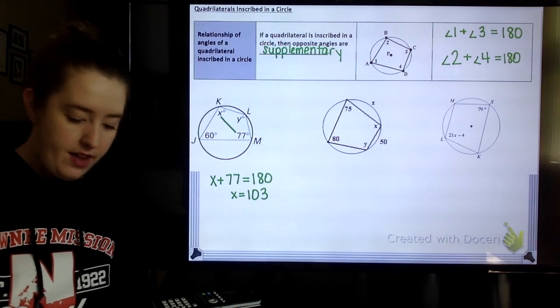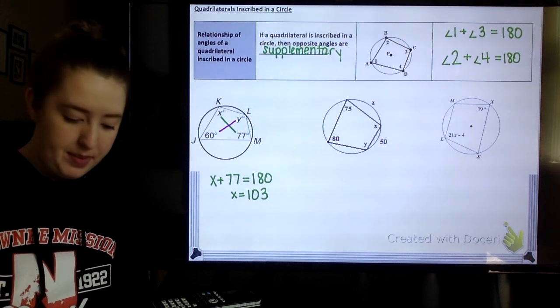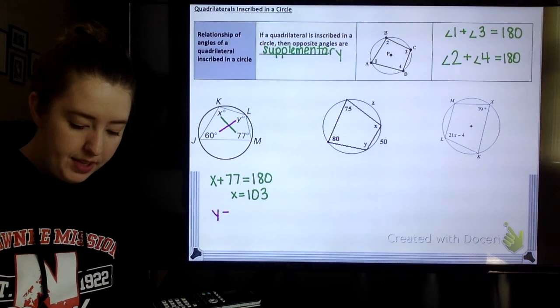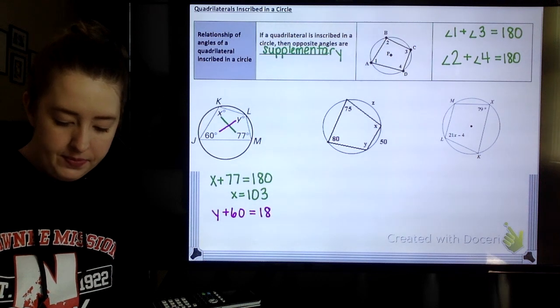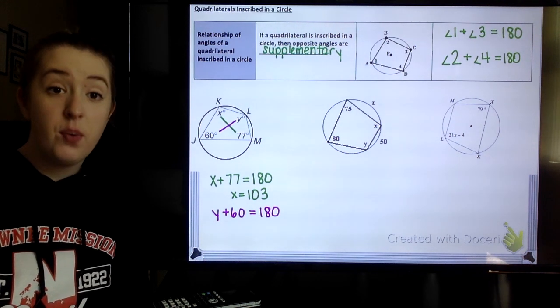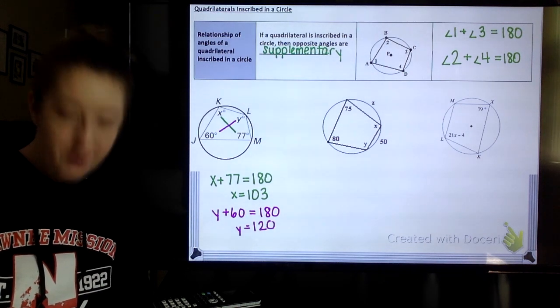Now this way, y and 60 are supplementary. So y plus 60 equals 180. To solve for y, we'll subtract 60 on both sides, so y equals 120.